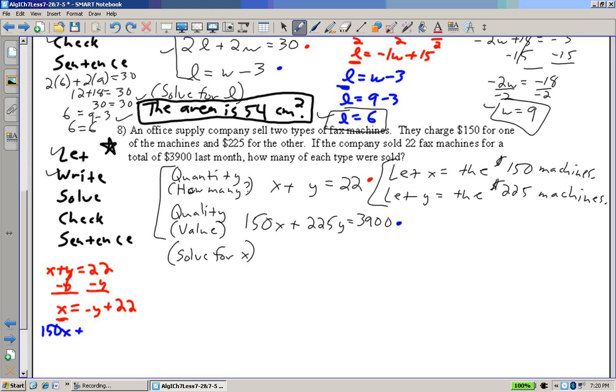150X plus 225Y equals 3,900. We're going to solve for X, so let's subtract 225Y from both sides. So 150X equals negative 225Y plus 3,900.